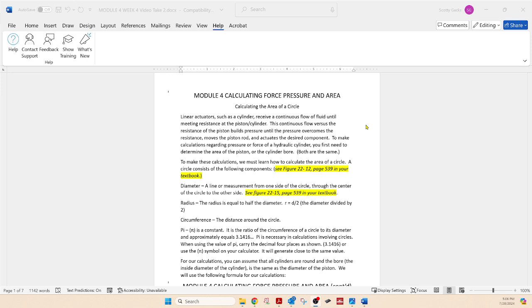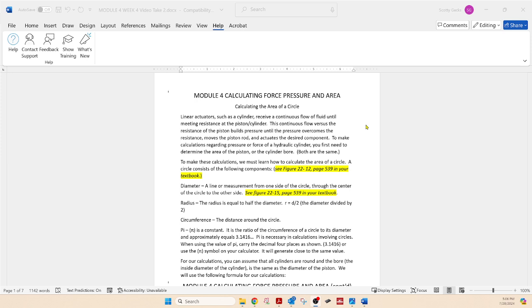Cylinders receive a continuous flow of fluid until meeting resistance at the piston. And this continuous flow versus the resistance at the piston builds pressure until the pressure overcomes the resistance, moves the piston rod, and actuates the desired component.